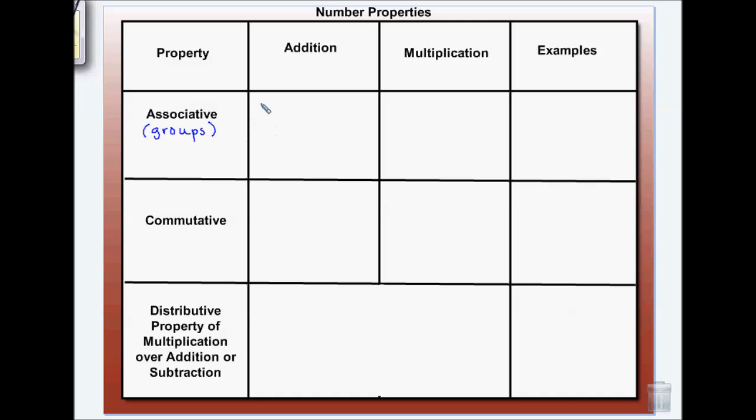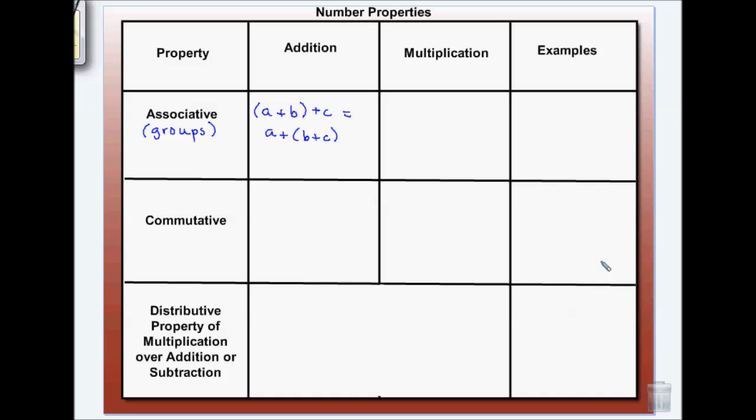So if we have some people A, B, and C, and A and B are in a group together, but then I switch it around and put B and C in a group together, did the total number of people change? No. Nothing changed except how they're grouped up. And that's how associative property works. It doesn't change the total number when you add it all together, it just changes the groups.